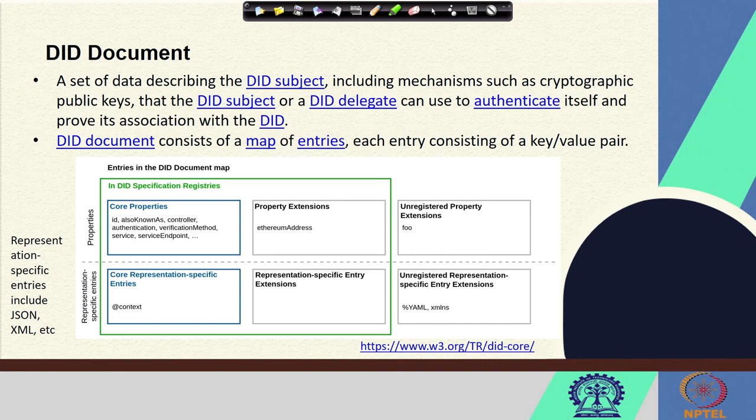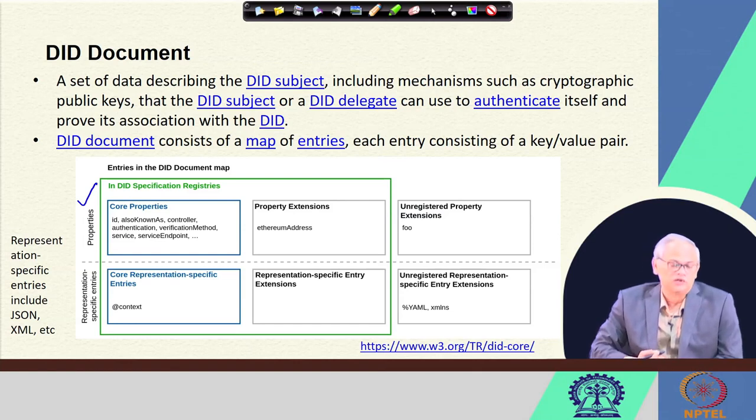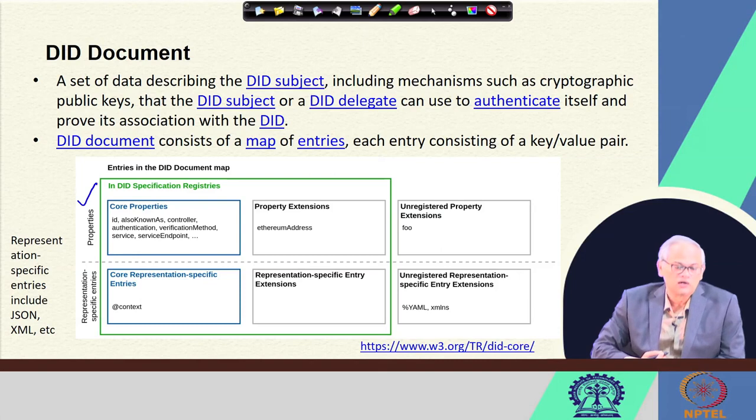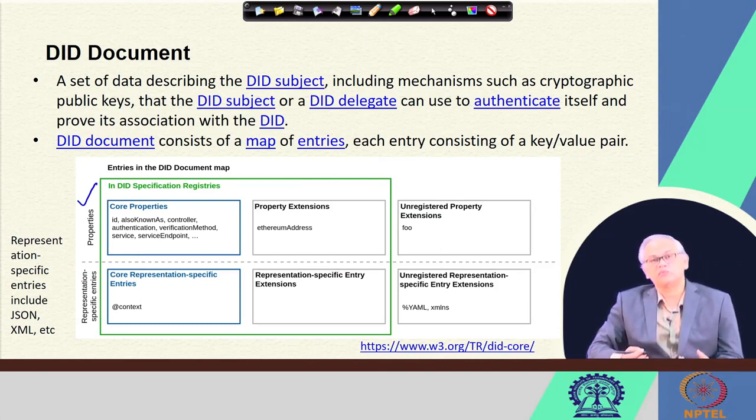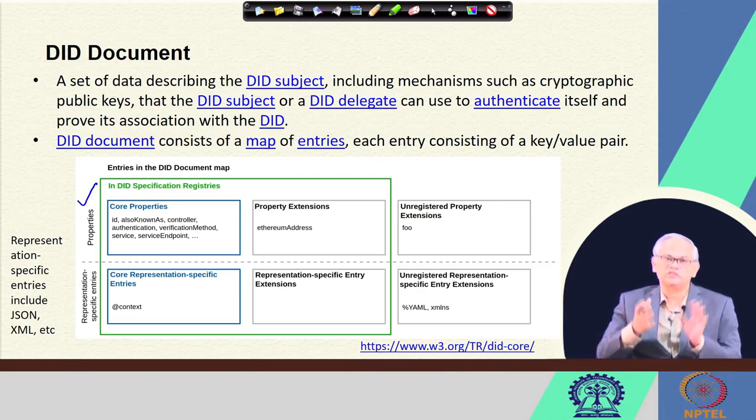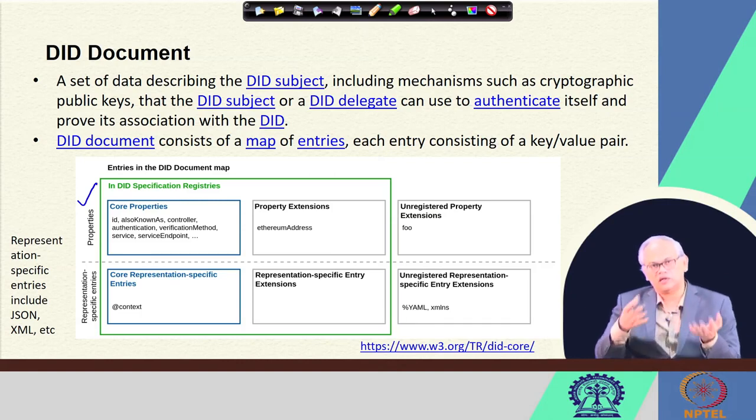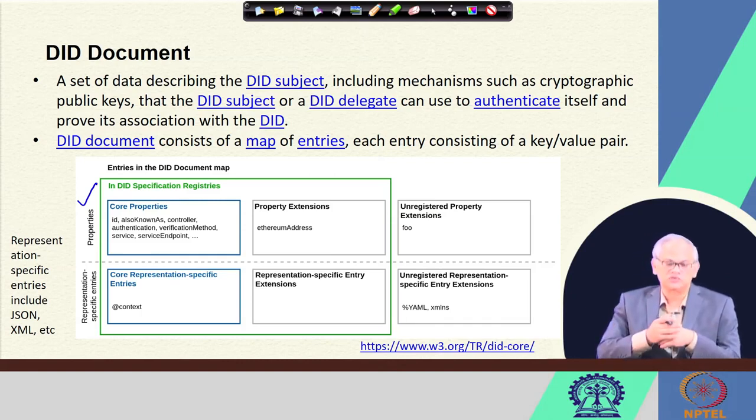The properties are shown here and some of the core properties would be there like the ID. Of course, what is the ID of this particular DID document, the subject that this DID document refers to, and there are aliases like also known as, then who is the controller, what are the authentication and the verification methods, the service and service endpoints, meaning that if this is presented and if it is verified, from where can the verifier now contact this particular DID subject in order to get to the next level of the service.